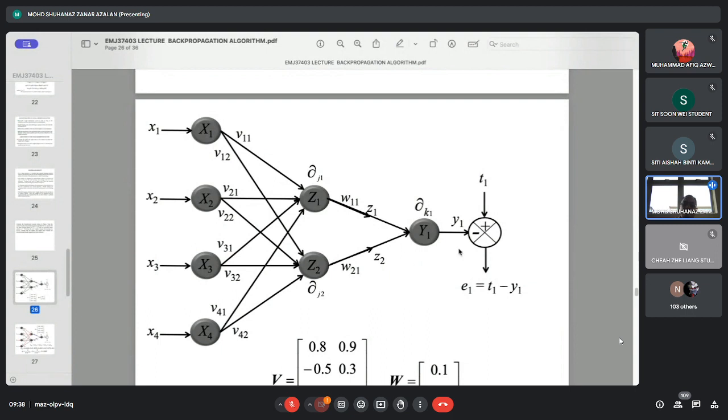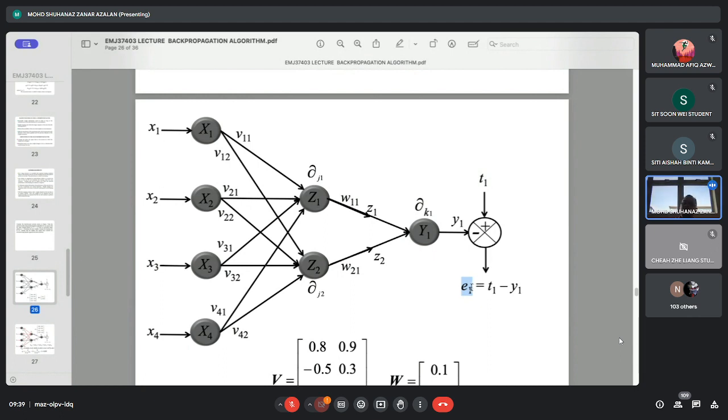Okay, and if you see here, like I said before, how we stop the network depends on the difference between the target and the output. So you see here, the output Y comes out, and then we compare it with the target T, and then we get the value of error E here.